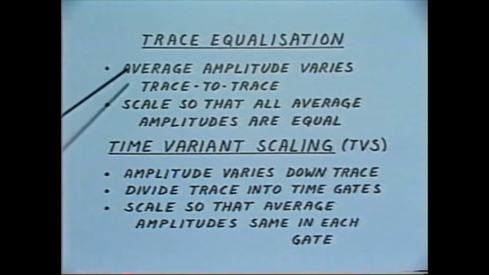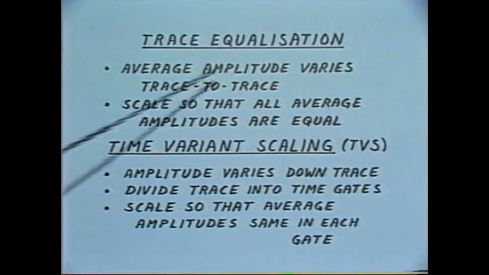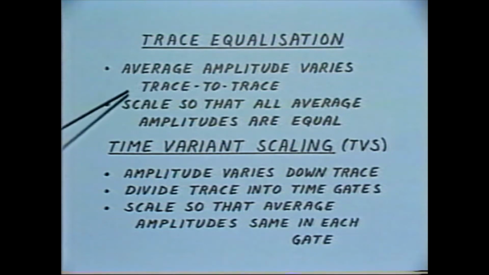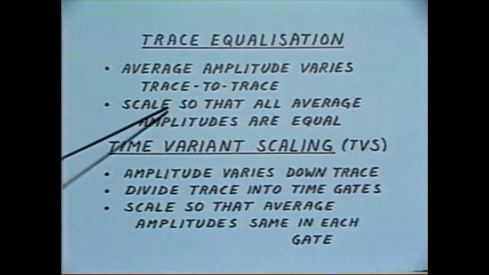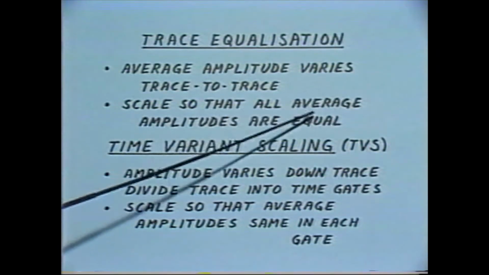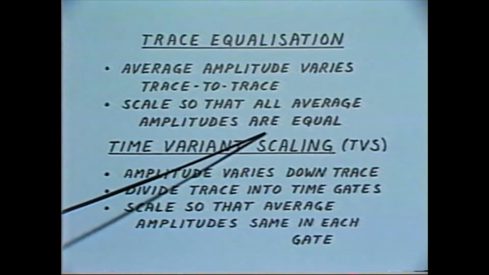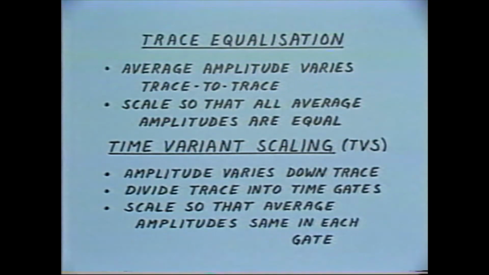This consists simply of measuring the average amplitude on each particular trace and then applying a multiplying factor or scalar to each trace to make the average amplitude of all traces the same. So we've removed the overall or average amplitude variations from trace to trace.